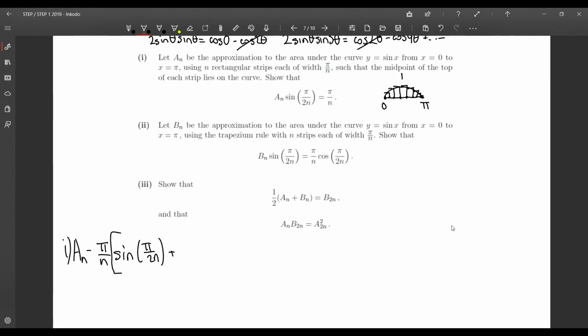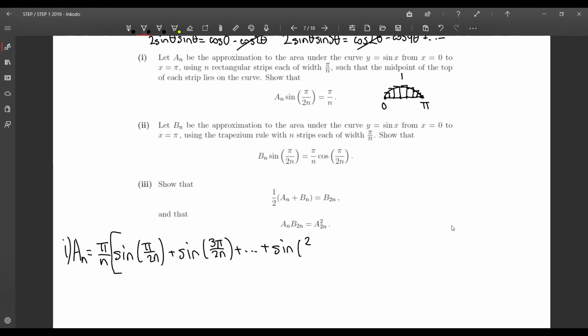So A sub n equals pi over n times the sum, and then over here you have n minus 1, n.